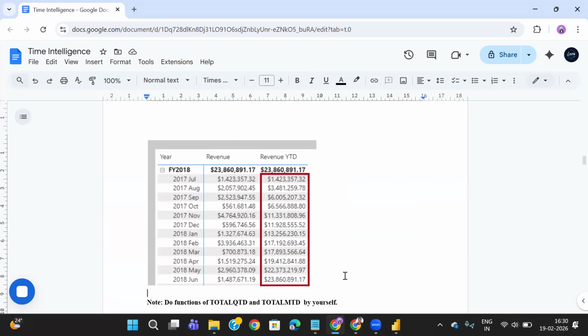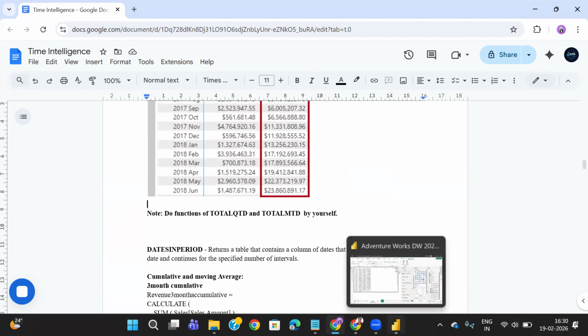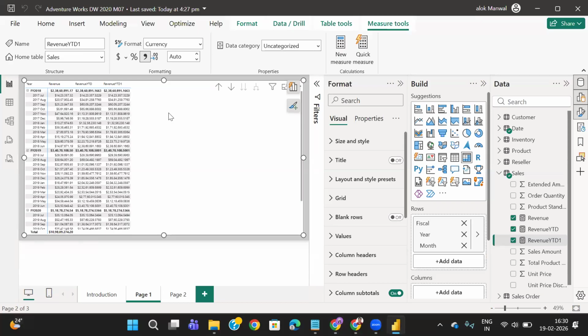You have understood what cumulative means. We have already done this. If I want the revenue of August, it does the summarization of July and then August, July plus August, then gives me the result in August.